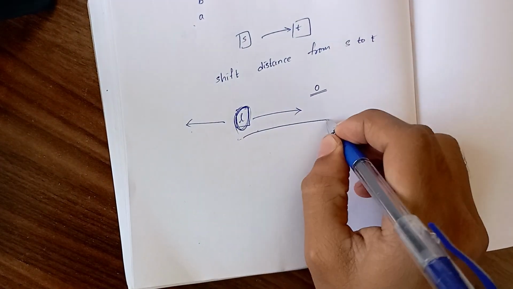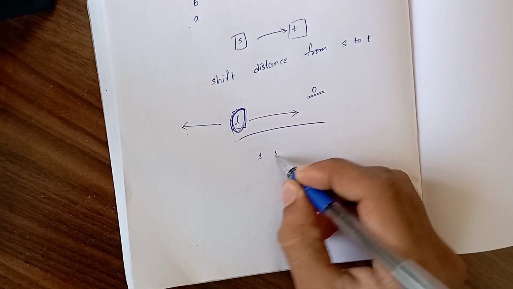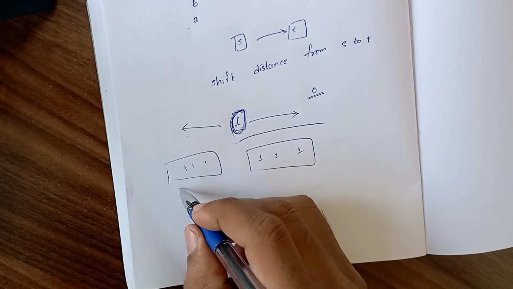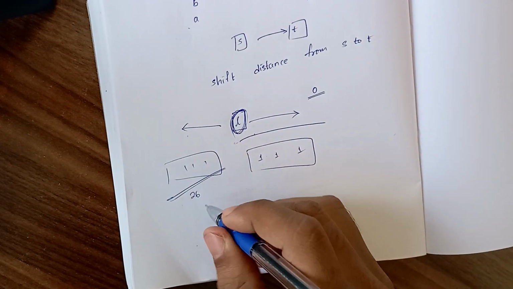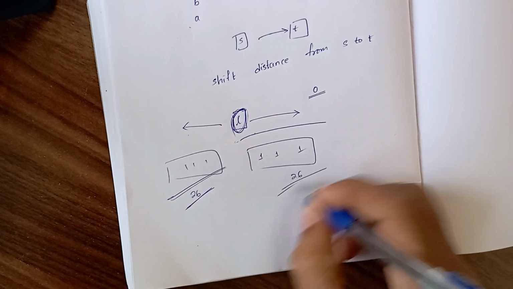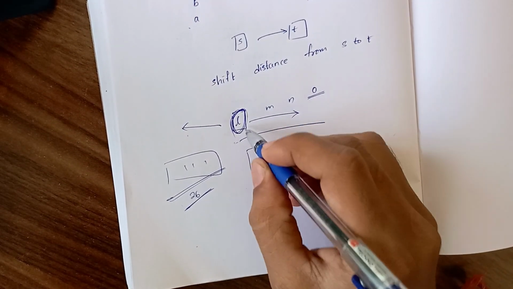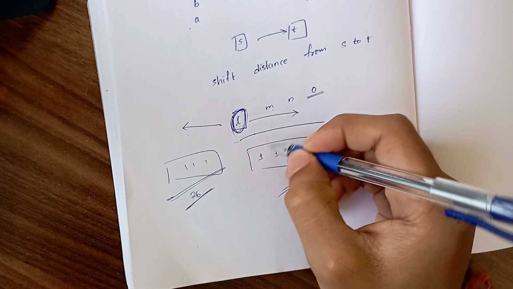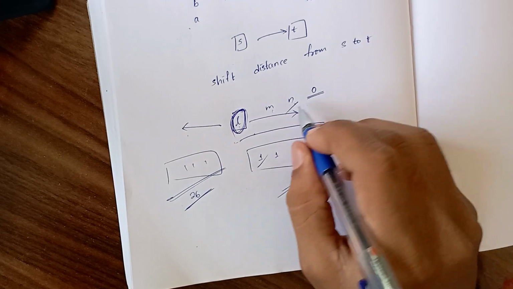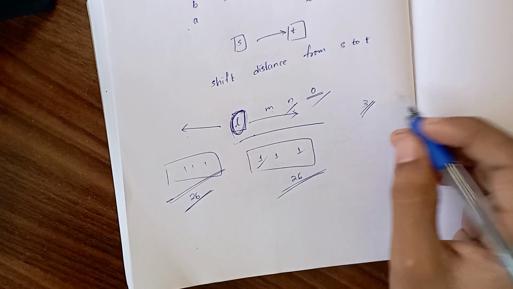If you move forward, let me say there is only one cost for next cost and also one for all previous costs. That means there are 26 alphabets, 26 previous costs and 26 next costs. So L, M, N, and O. To shift to M costs 1, to shift to N costs 1, and to shift to O costs 1 again. So here it will be 3.